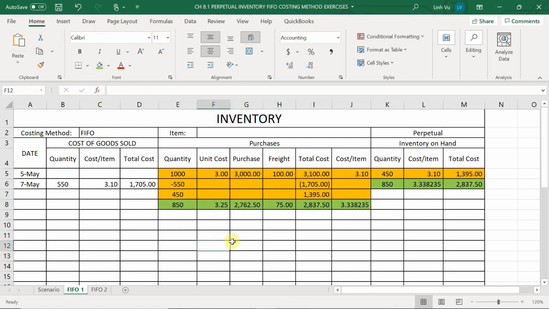Okay, so we have a green batch for the 850 items. That's my second batch of inventory that I just purchased. So I have a total of 2 batches: the orange batch for 450 and the green batch for 850. And if you have your totals at the bottom, you should have a total of 1,300.